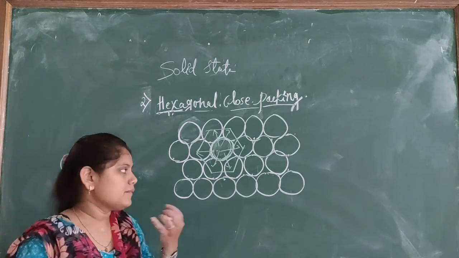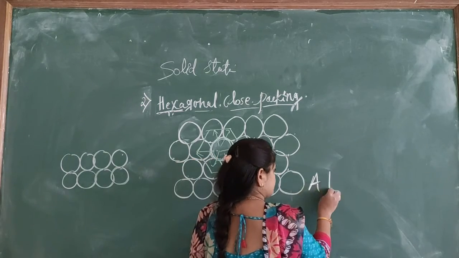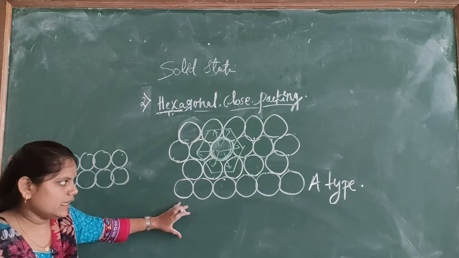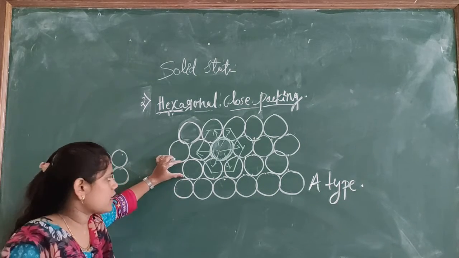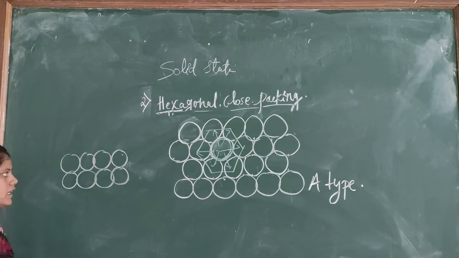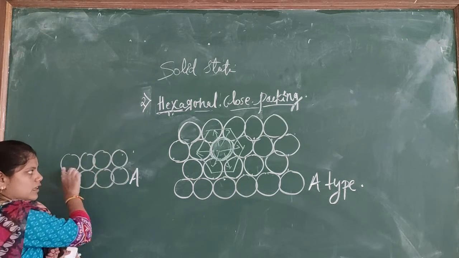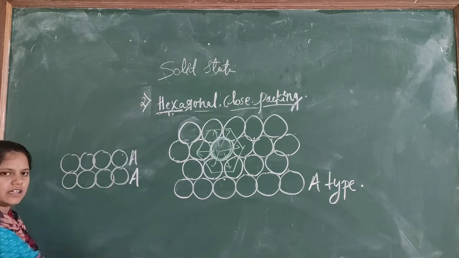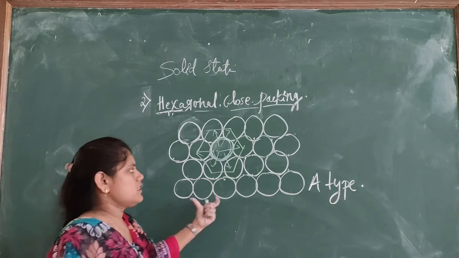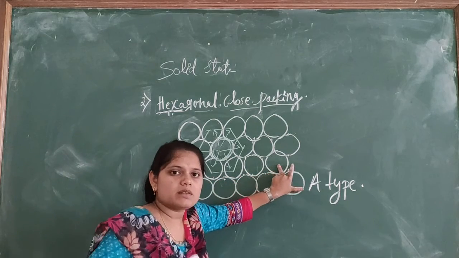After that, consider this first row to be the A type. Now if you go towards the second row, it will be totally different. But in case of square close packing, if you consider this the A type, then this next row also remains the same, so this is also A type. But in case of hexagonal close packing, the first row will be the A type, and the arrangement of the second row will be different.